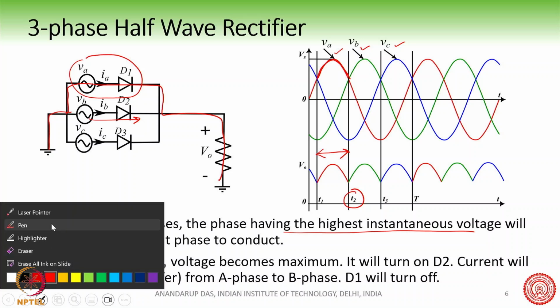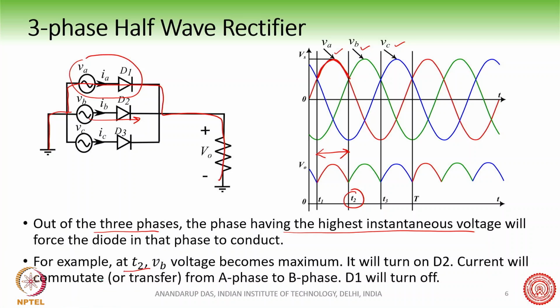Again, we can recall the way we had discussed it earlier. At this moment, if you consider carefully, momentarily you can assume that both D1 and D2 are conducting. Then if both D1 and D2 are conducting, this VB voltage will come here. So if D2 is conducting, VB will come to this point.